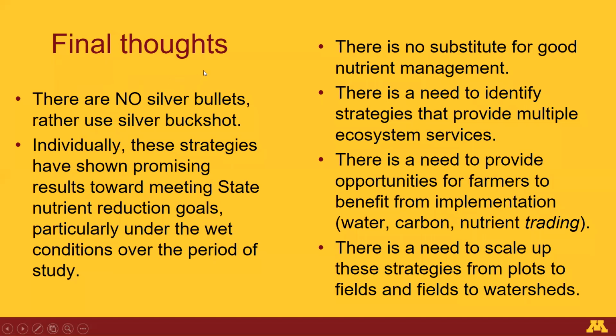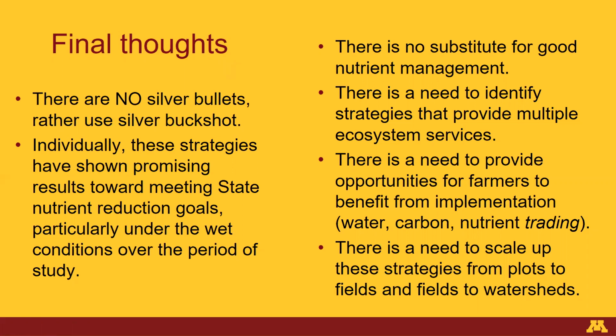So some final thoughts on some of the data that I presented. As I talked about early on when we were looking at the Minnesota nutrient reduction strategy practices, there aren't really any silver bullets there.